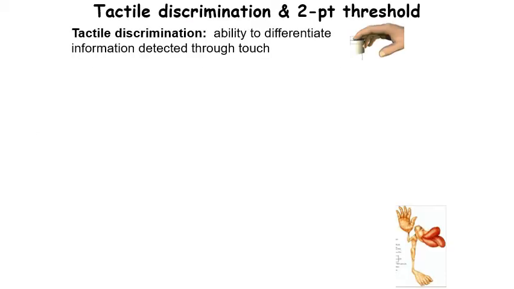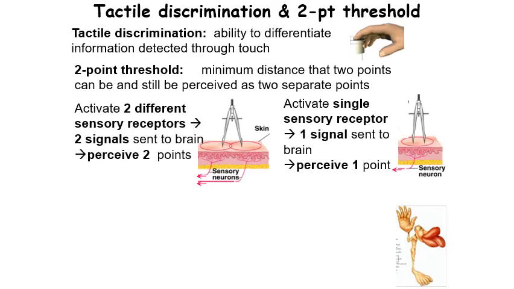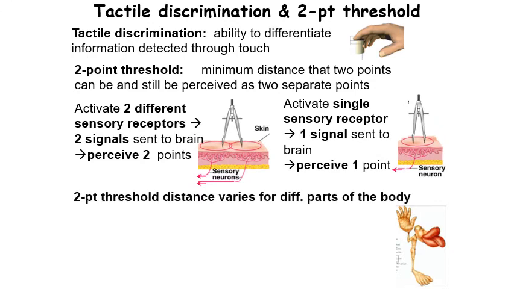One way to look at the amount or density of receptors in a specific region is to use tactile discrimination, or what we call a two-point threshold.